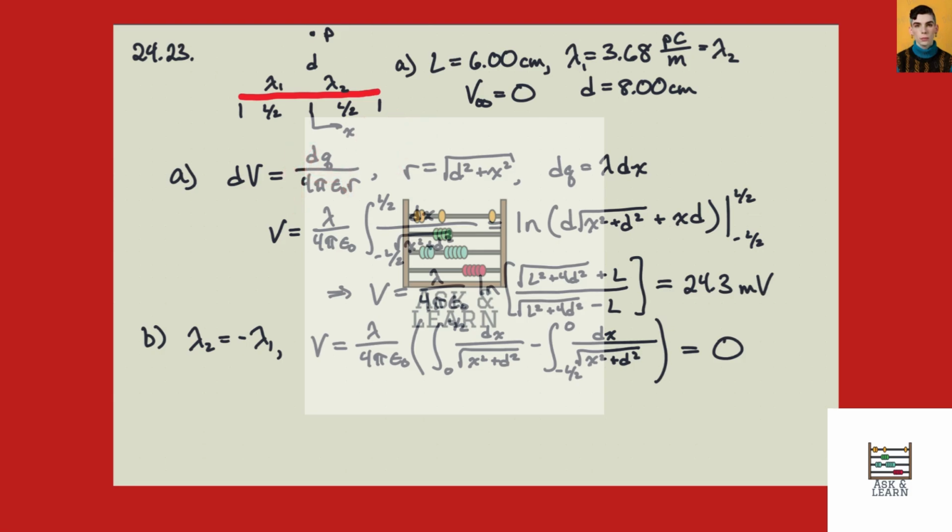Now, what is r? Well, r is the distance from that little segment of charge to point P. So wherever we are here, we're at some distance x along the x direction, and we're always at a constant distance d in the y direction. So the distance r is the square root of d squared plus x squared.